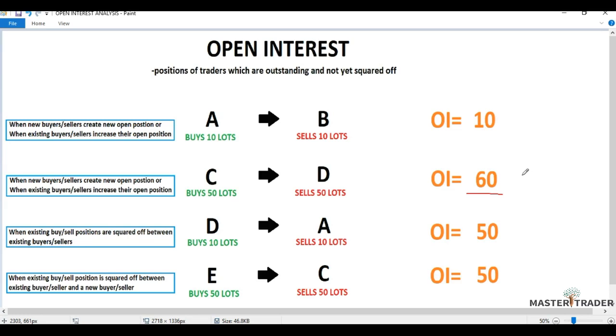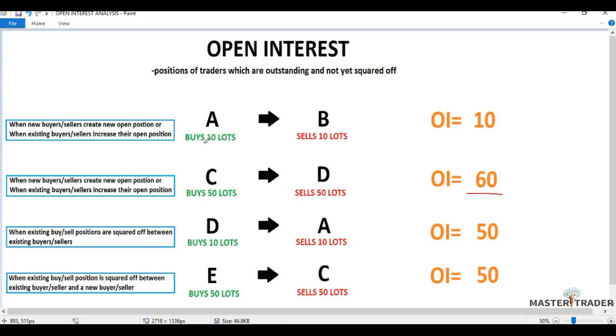Let's look at the third example. When we have an existing buyer or seller whose position is squared off between an existing buyer and seller. Earlier we had D who sold 50 lots. Now D buys 10 of those lots back, and D is buying it from A who earlier bought 10 lots. So A is simply squaring off his or her position.